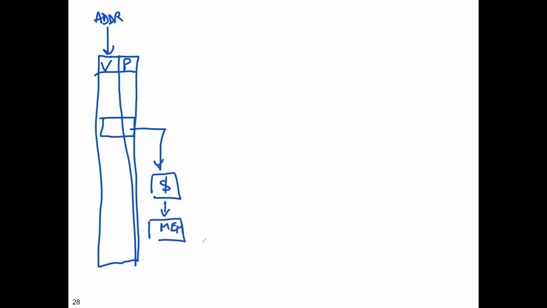So it's just an indirection, right? It's just a translation between some virtual address that the programmer uses and the physical address that the memory uses. The physical address must be within the boundary of the memory that you have in your system.